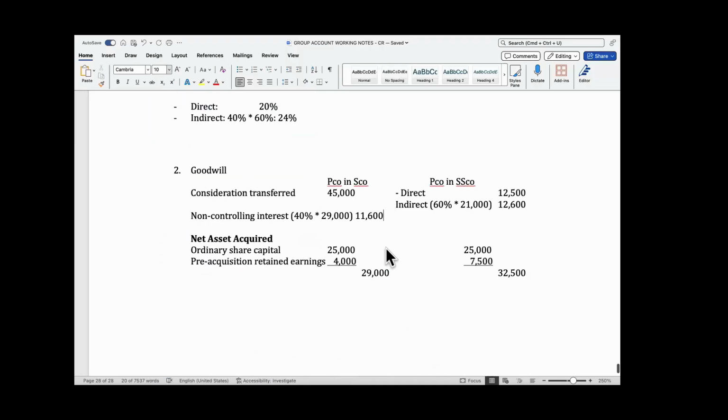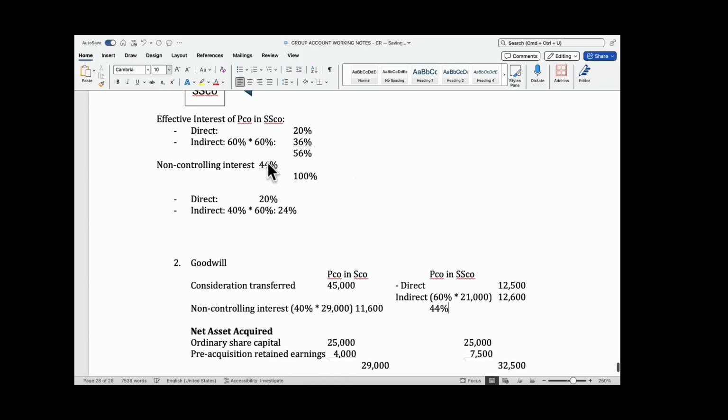So having identified that, the NCI holding in SSCO is simply 44% from what we computed up here times 32,500. And how much is that? 14,300.